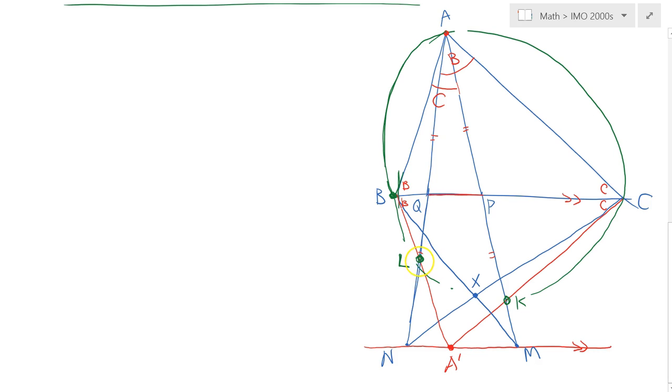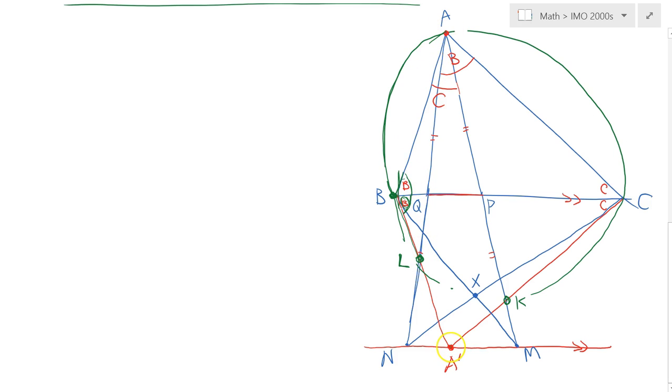Focus on the angle LBC. Obviously angle LBC has degree B here, because recall that BA prime was just a reflection of BA.